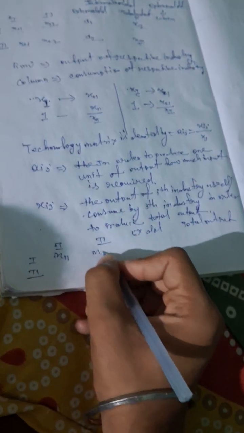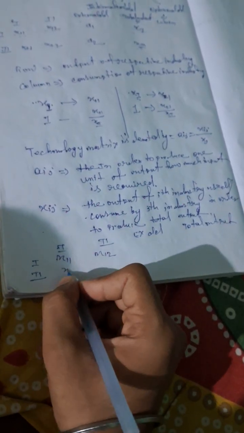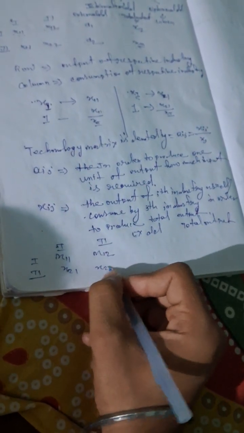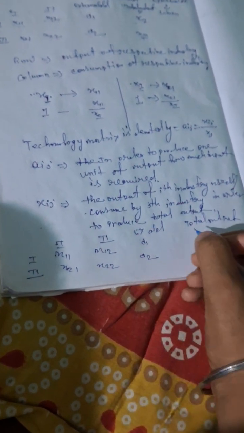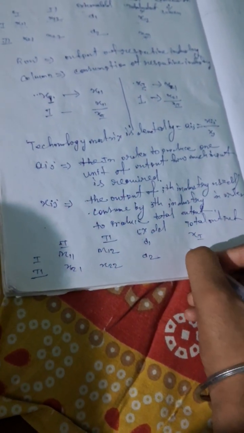X11, X12, X21, X22. External demand is D1, D2, total output X1, X2.